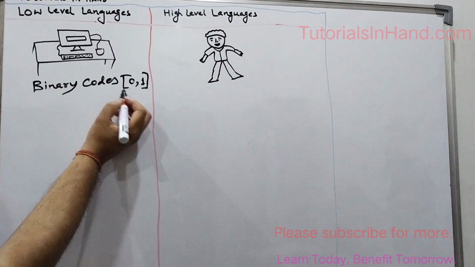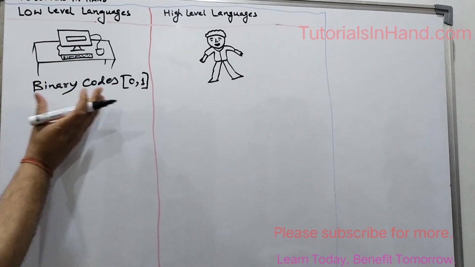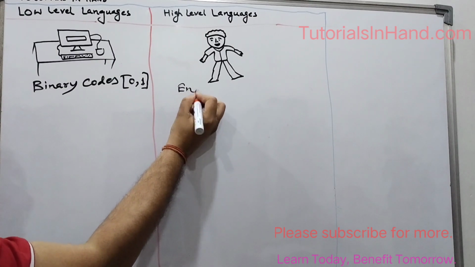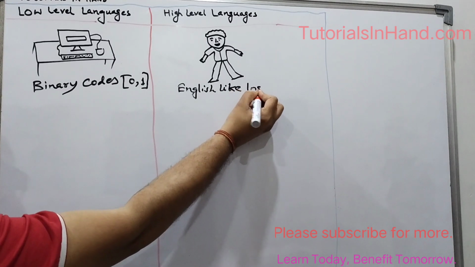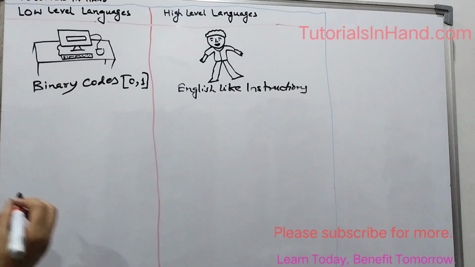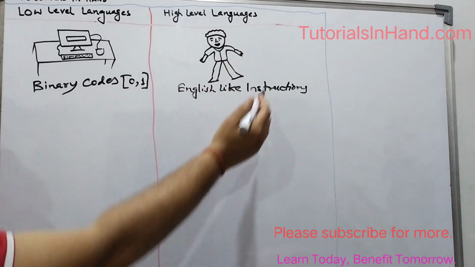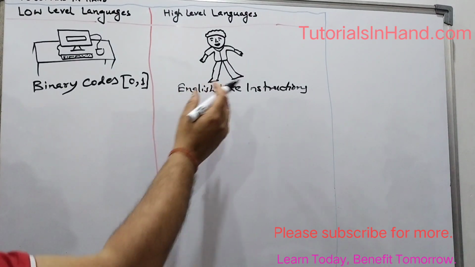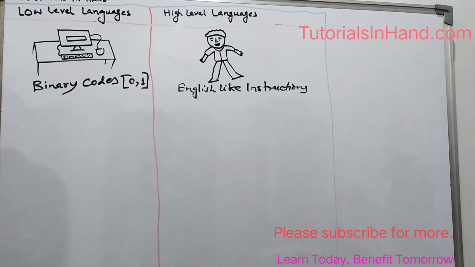So 0 and 1, this instruction is much closer to computers, and computers are easily able to understand binary codes, whereas high level language is generally written in English like instructions. When it is written in English like instructions, human beings can relate to that language much more easily, and that is why high level language is easier for human beings to understand.